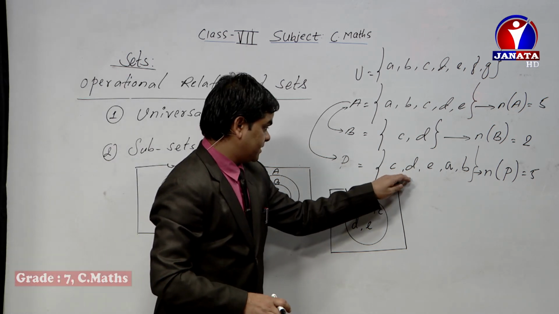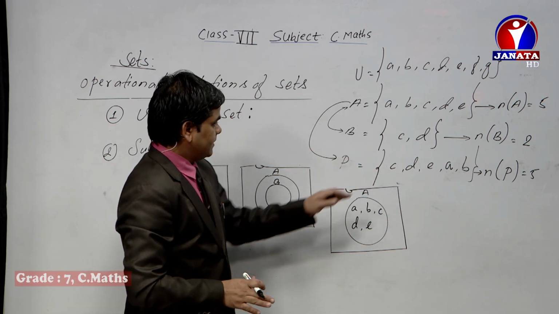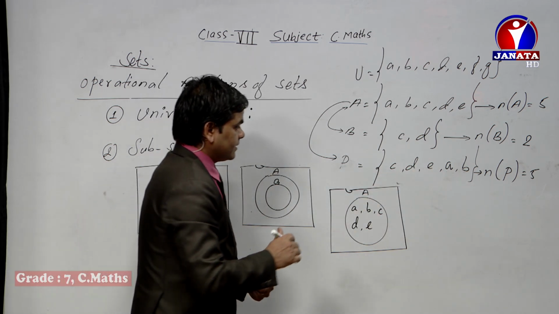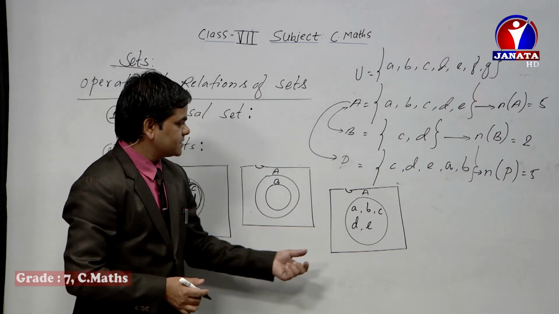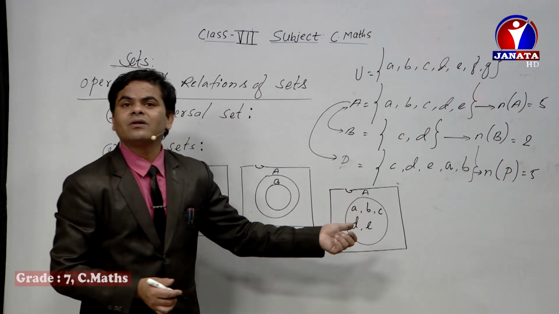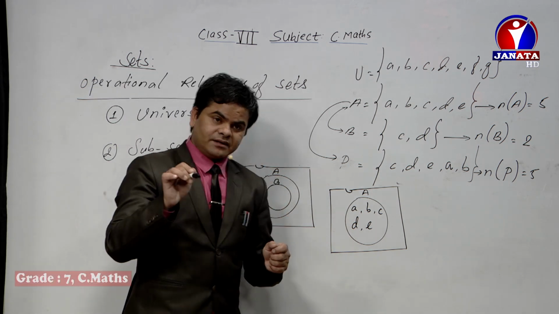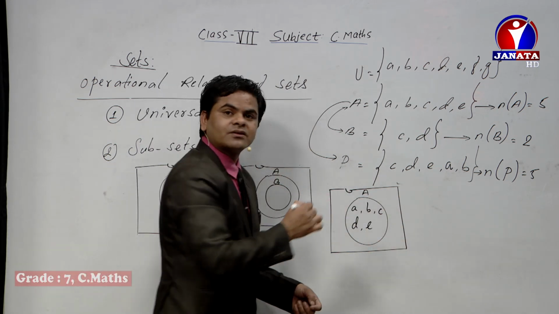Now let's see the position of P set. P also has the same elements, dear students, isn't it? So we are not allowed to make another circle because already there are all the elements containing in set A. So while preparing such type of improper subset, we don't need to prepare another circle.